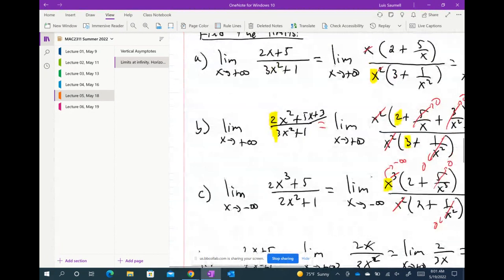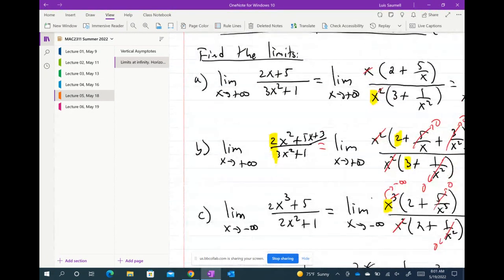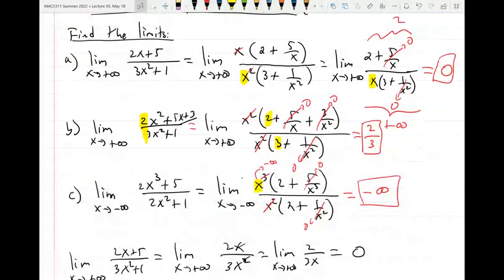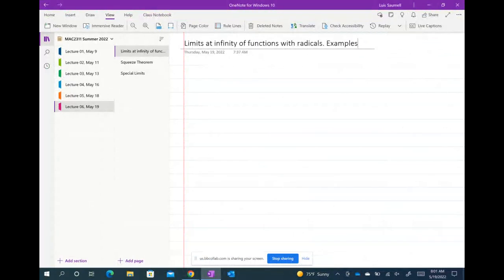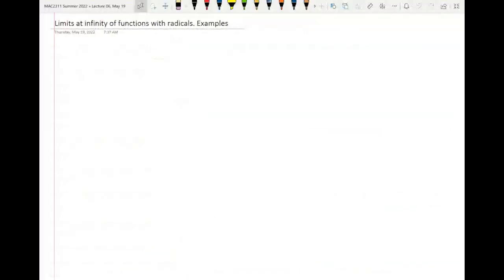Remember, how did we do these limits at infinity of rational functions? We factor out the term with the highest degree in the top and in the bottom, simplify, observe what we got, and then we were able to compute the limit. We're going to do the same thing. That same idea applies here as well.